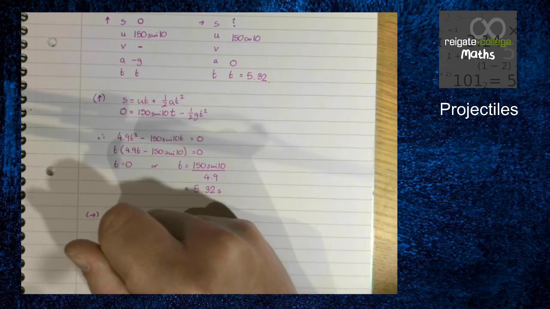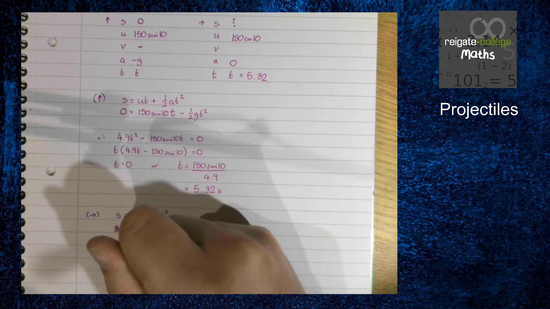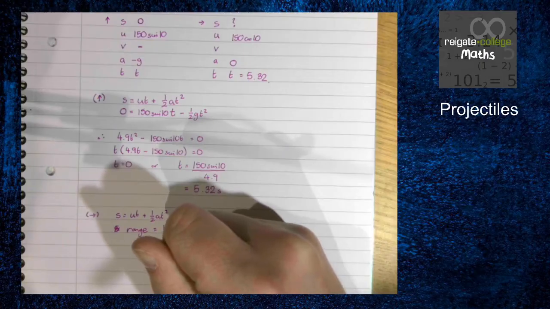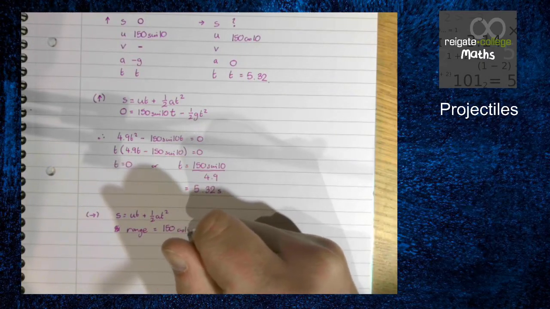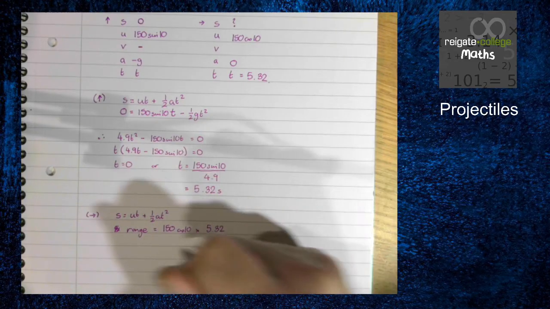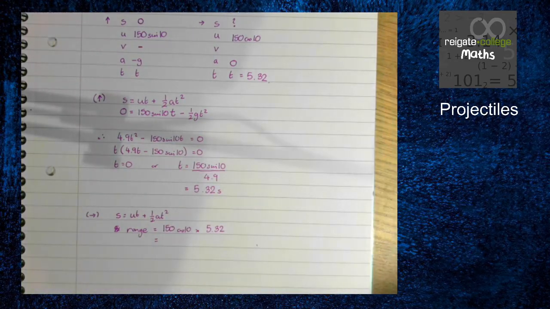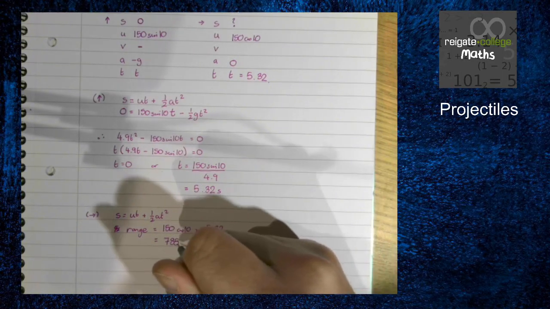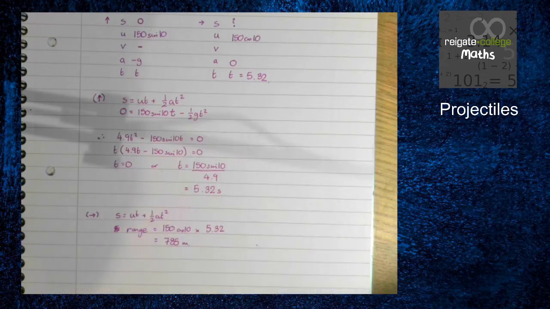So the range, which is the thing we're trying to find, is u, 150 cos 10, times the time we just found, 5.32. And we get that the range is 785 meters, which is a very long way.